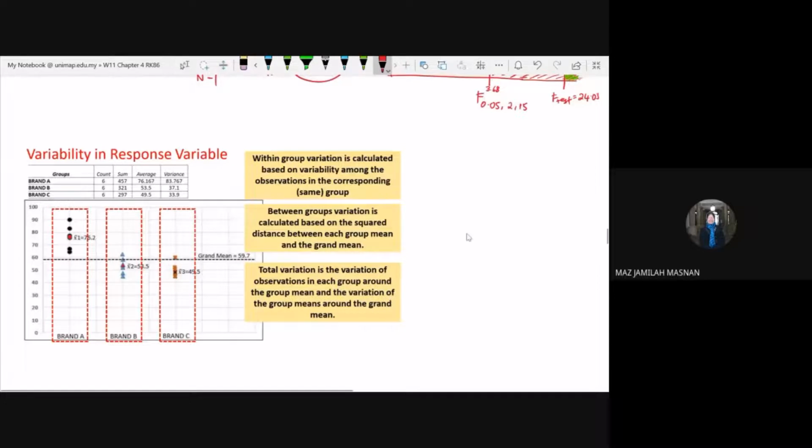Let us look at the summation of all the brands A, B, and C, and look at the average for each of the brands. What can you see from this particular red box, class? Can someone please share your idea from this red box? What can you say about brand A, B, and C in terms of the drying time? Class, what can you say?